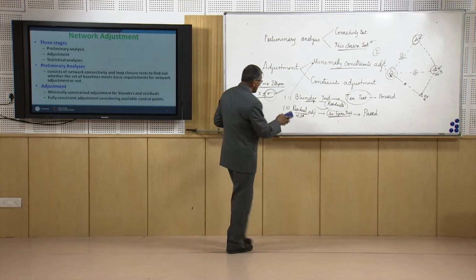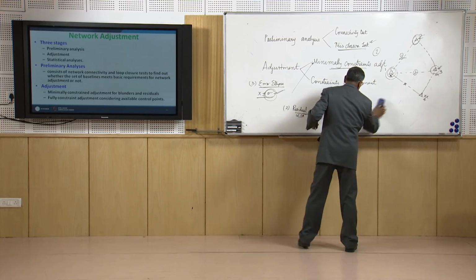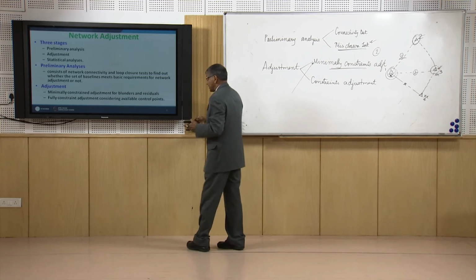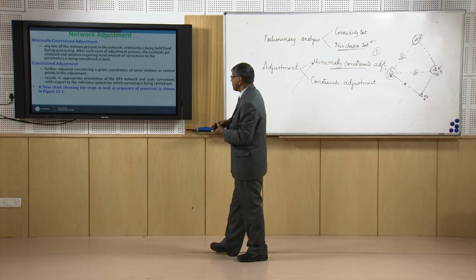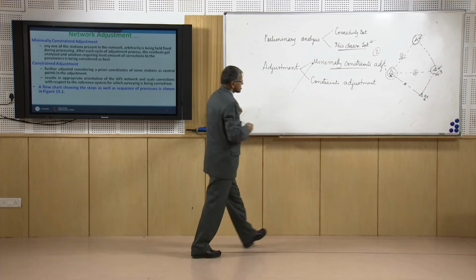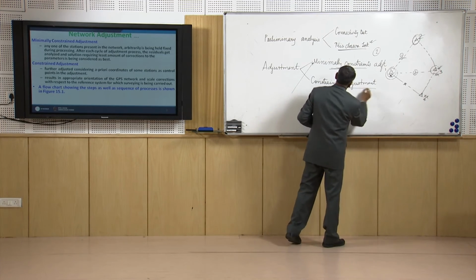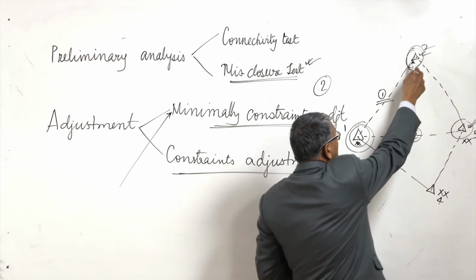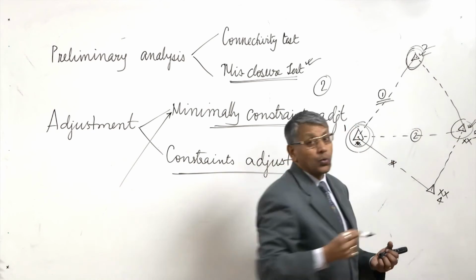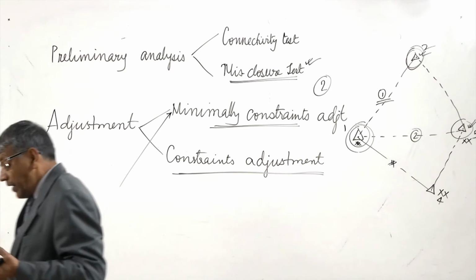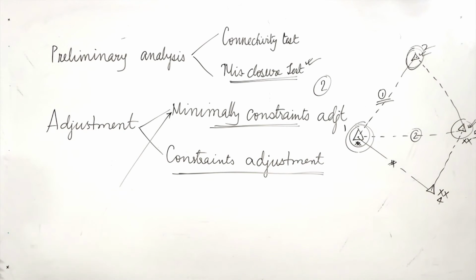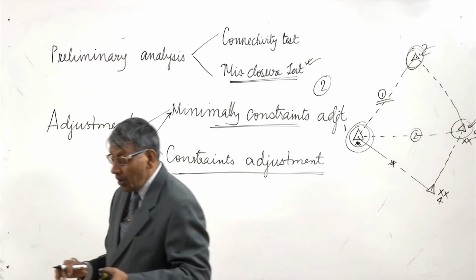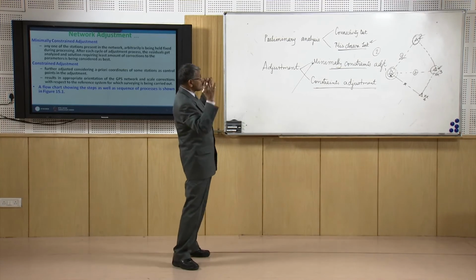Now as the minimally constrained adjustment has been completed, we go for constraint adjustment. In constraint adjustment, apart from the stations which we observe, we need to have some more stations whose position is already known with respect to some reference system.